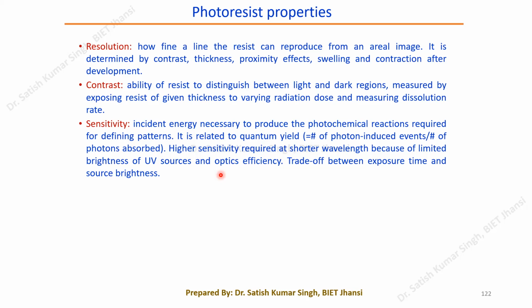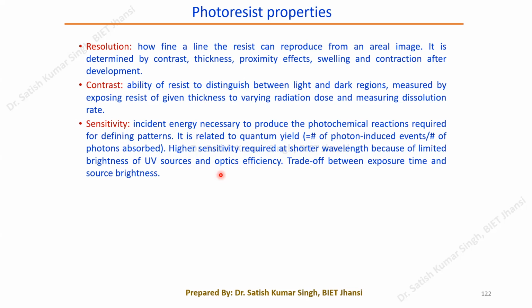But when you see DUV resist, it is not the same as your I line or G line resist. DUV means deep ultraviolet resist, and DUV resist has sensitivities around 20 to 40 millijoules per centimeter square.